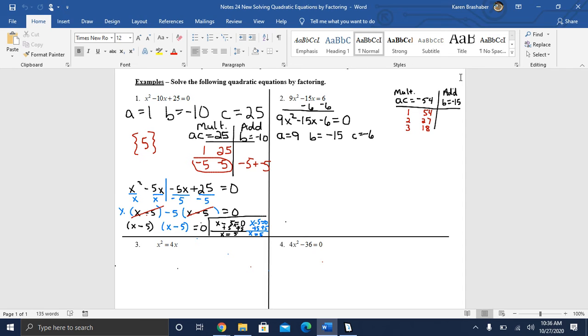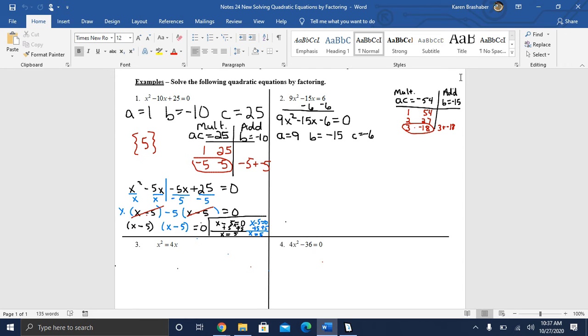And so I'm going to put the negative on the 18. 3 times negative 18 will give me negative 54. 3 plus negative 18 will give me negative 15. So this is my pair that works.